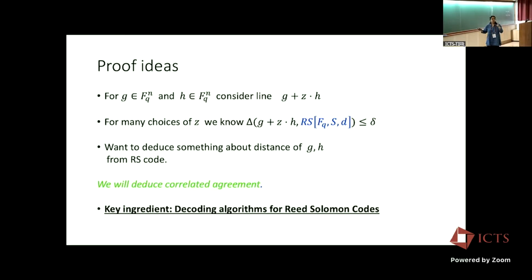There's nothing algorithmic about this proximity gap statement. But in order to prove it, a key ingredient is to use decoding algorithms for Reed-Solomon codes. In particular, we'll look at the Berlekamp-Welch algorithm and the Guruswami-Sudan algorithm and use the reasoning in those algorithms to deduce our results.